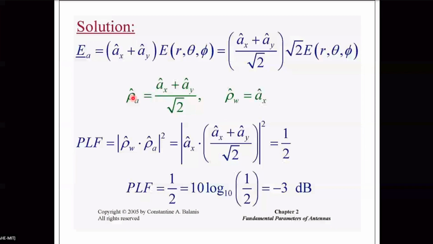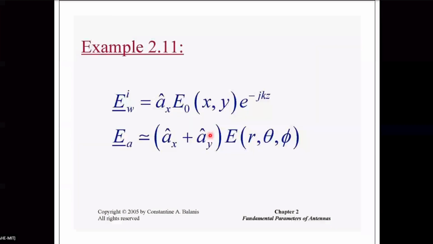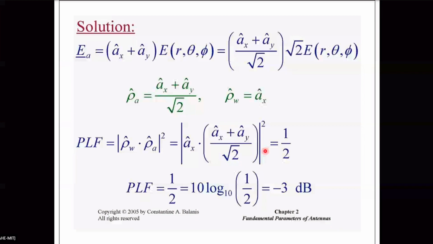Yes, sir. Okay. So rho W, you see the previous slide, the wave is in the x direction. So rho W hat will be AX hat. So PLF is the magnitude of rho W hat dot rho A hat, squared.